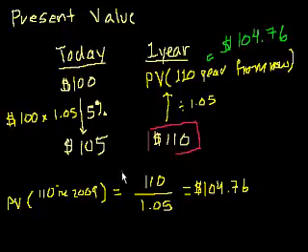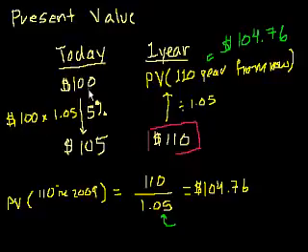Another way to talk about this is, to get the present value of $110 a year from now, we discounted the value by a discount rate. Right here we grew the money by, you could say, our yield, a 5% yield, or our interest. Here we're discounting the money because we're going backwards in time. We're going from a year out to the present.